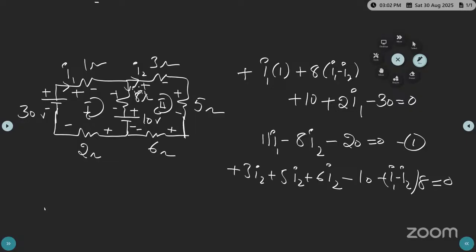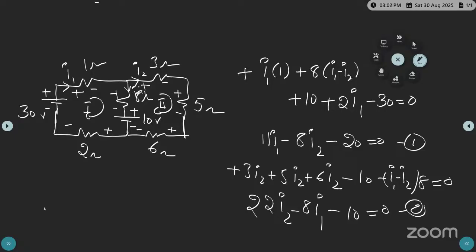Okay, so we'll get here 10, 14, 14, 8, 22, 22 I2 minus 8 I1 minus 10 is equal to 0. This is mathematics. You multiply. 5, 3, 8, 16, 4, 22. 22 I2 minus 8 I1 minus 10. This is the two equations.